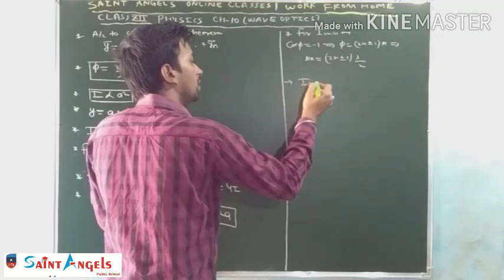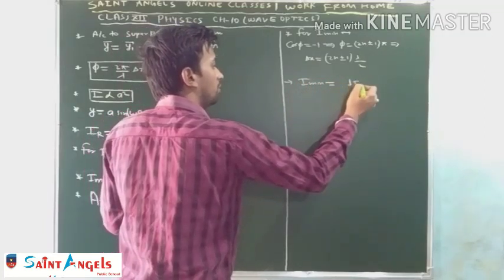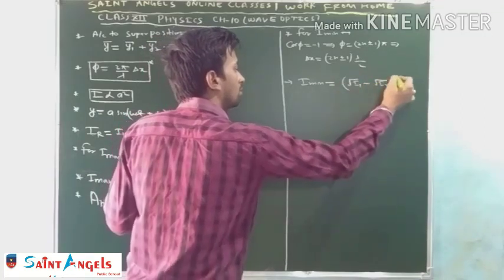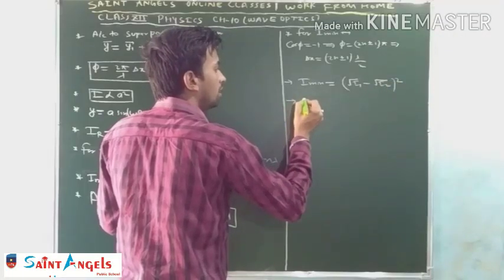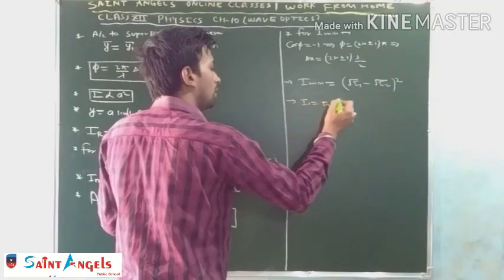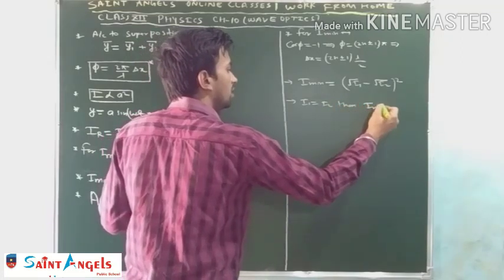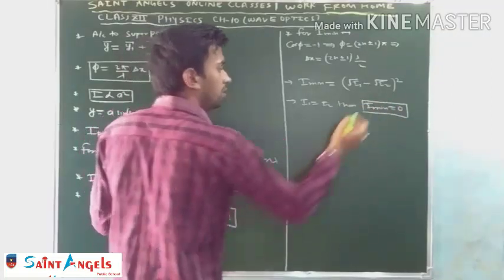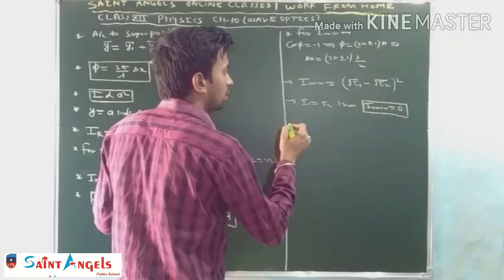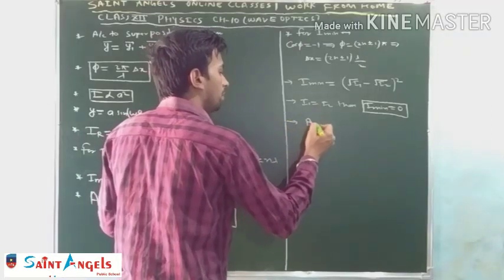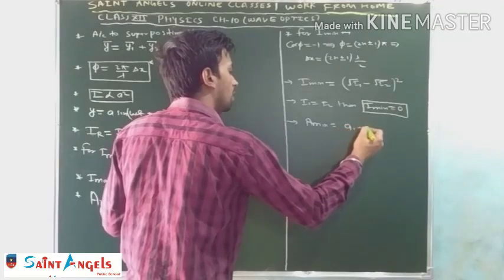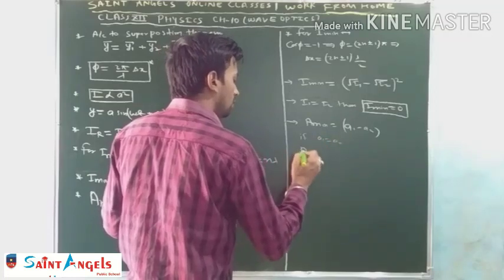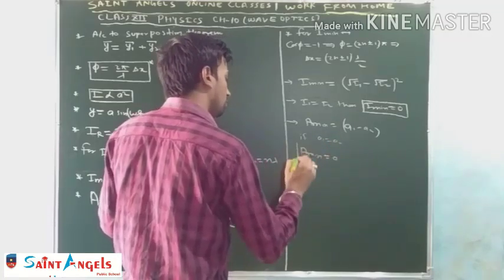The value of minimum intensity is equal to under root I1 minus under root I2 whole square. If both waves are identical, I1 equals I2, then minimum intensity is equal to 0. It means at that place they form dark. Similarly, minimum amplitude equals A1 minus A2. If A1 equals A2, then minimum amplitude equals 0.